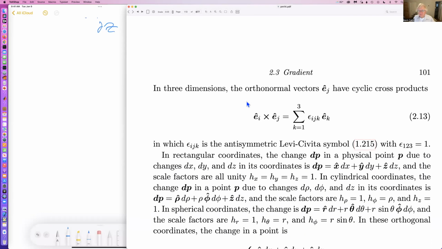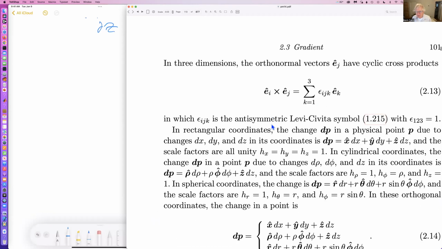And in 3 dimensions, the orthonormal vectors have cyclic cross products. This is a property of 3-dimensional space, namely that you can define this cross product of 2 vectors and you get another 3-dimensional vector. Epsilon, of course, is this antisymmetric symbol with epsilon 1, 2, 3 equal to 1, totally antisymmetric.